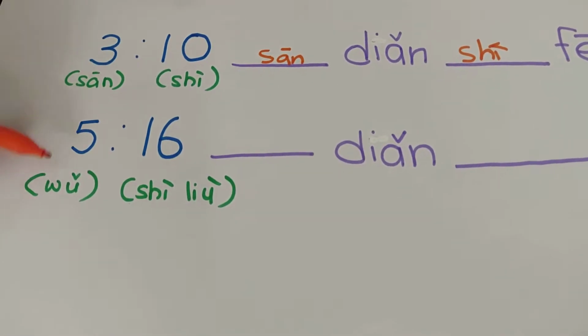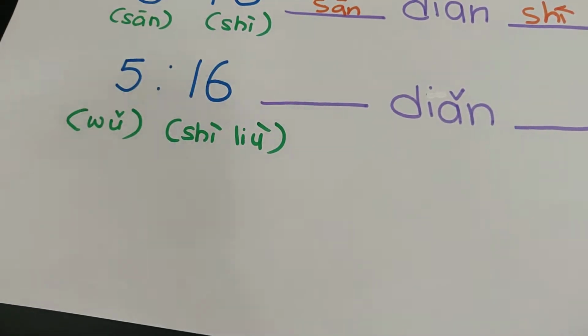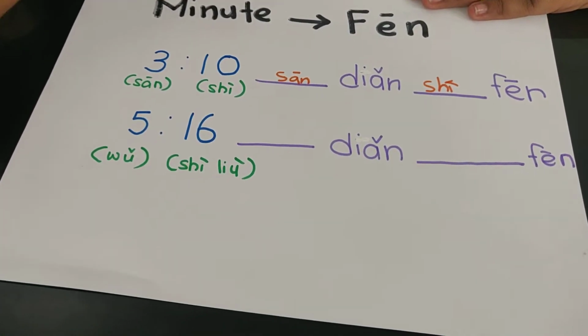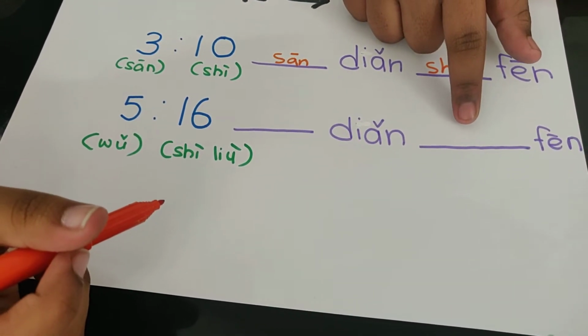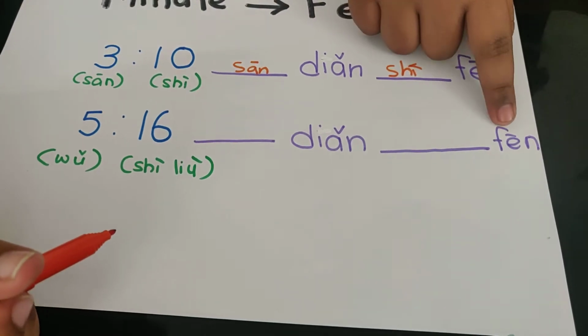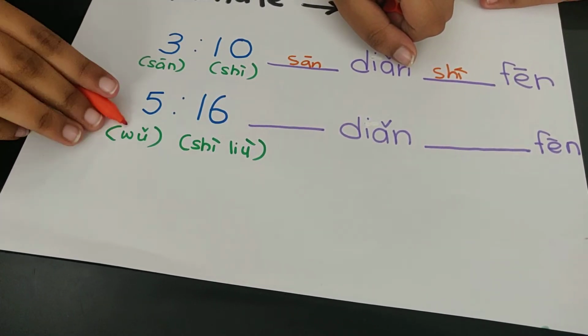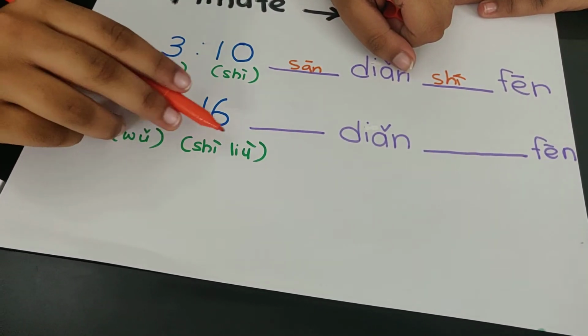So here is 5. 5 is wu. 16 is shi liu. So where are we going to keep these numbers, Manha? Do you know where it is? Wu dian shi liu fen. Good job. So here is 5. So 5 here is wu. Here is 16. 16 is shi liu.